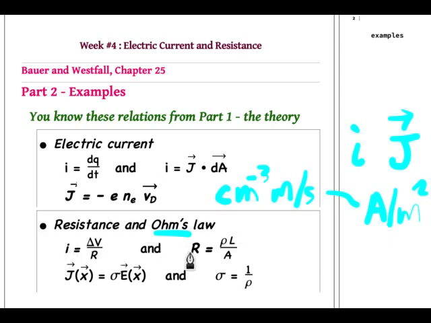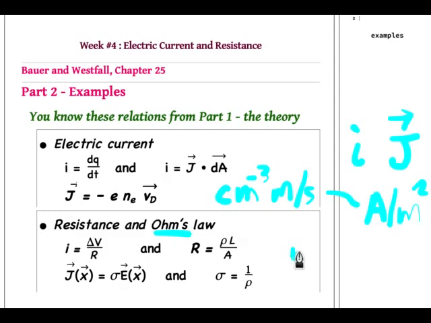Now, it's also shown that R for a wire is a constant, rho, that depends on the material. That's called the resistivity. And times the length of the wire divided by the cross-sectional area of the wire.